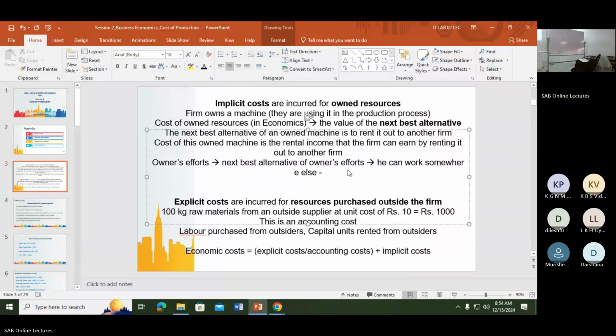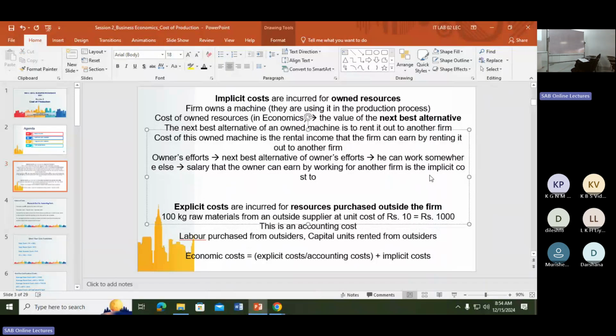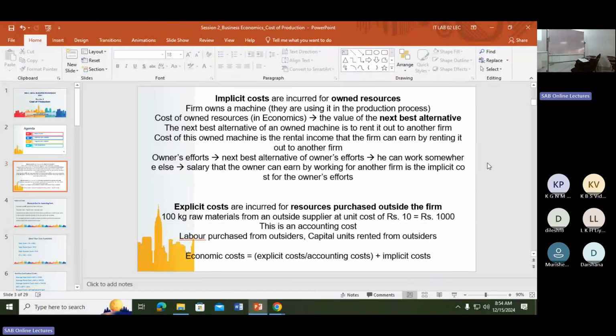So the salary that the owner can earn by working for another firm is the implicit cost for the owner's efforts. So that is the way we account for the costs of owned resources.